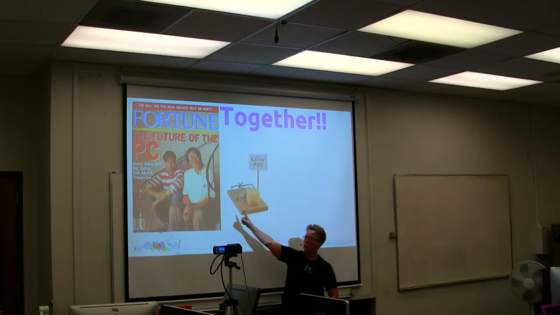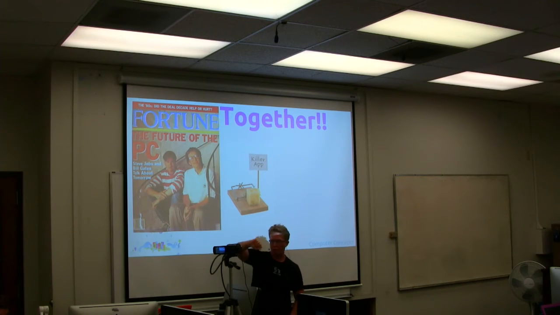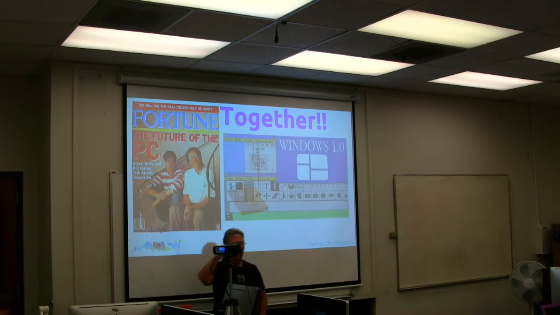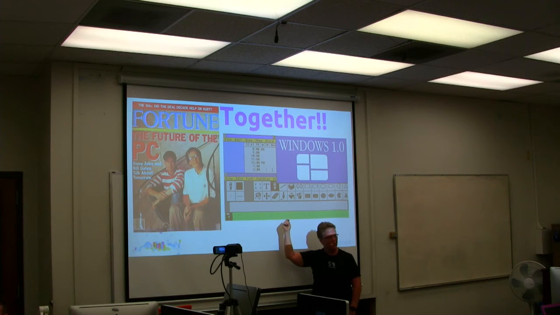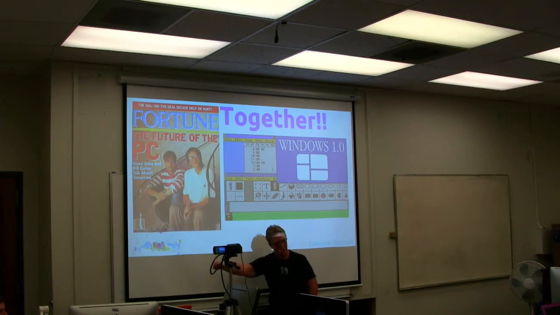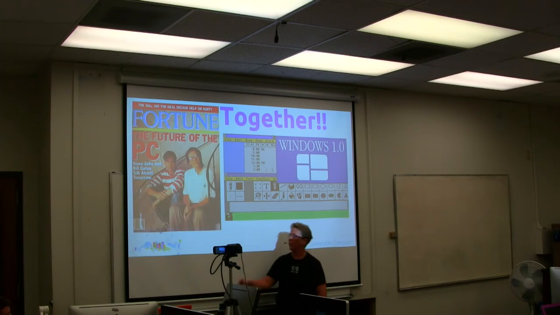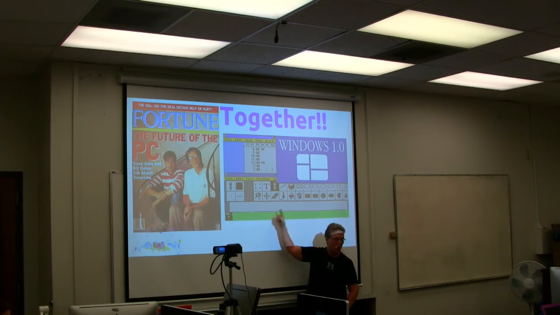What do you think Bill Gates did? He created Windows 1.0, because the Macs at the time were using the graphical interface they got from Xerox, and because Jobs gave him the prototype, which didn't have protected software on it, he was able to reverse engineer and create Windows 1.0.